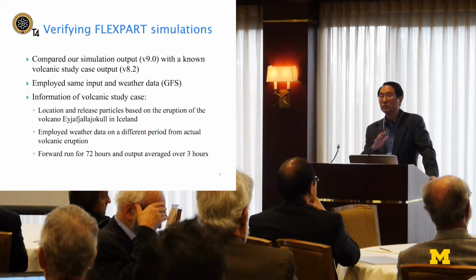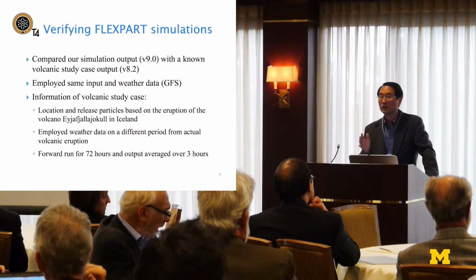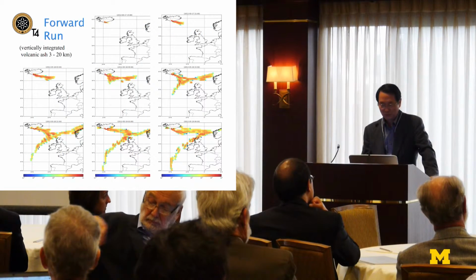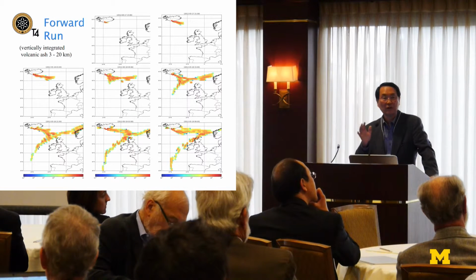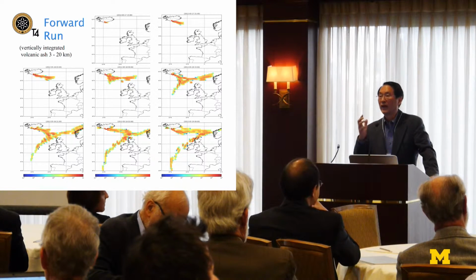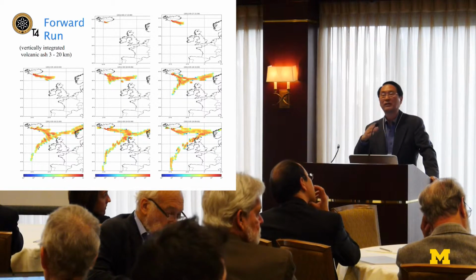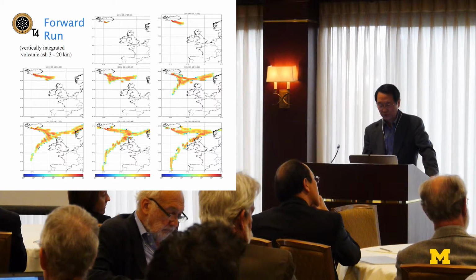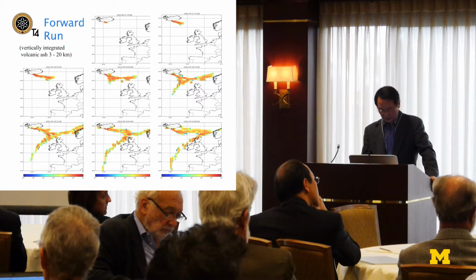Okay, so we first try to benchmark the FLEXPART code so that we know we are using the code properly. We tried a few things, but I will move forward quickly. We followed 3 days of motion of volcanic ash that was released in a volcanic eruption in Iceland, and we followed the motion of the ash using the FLEXPART code.